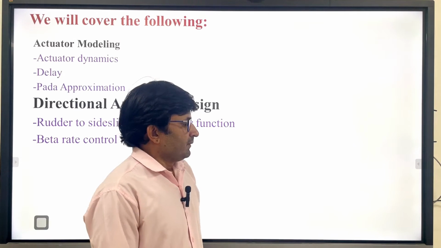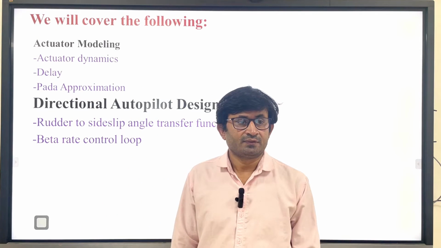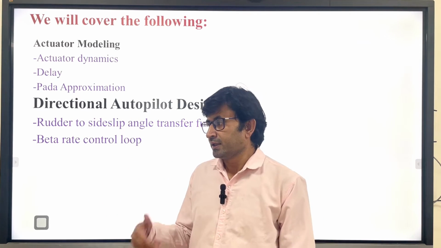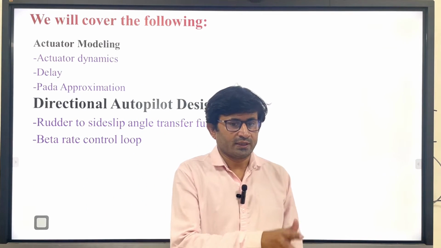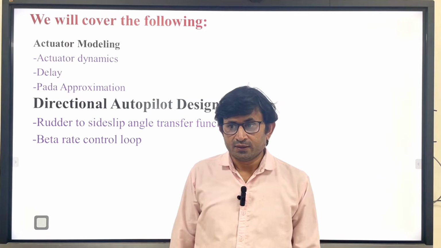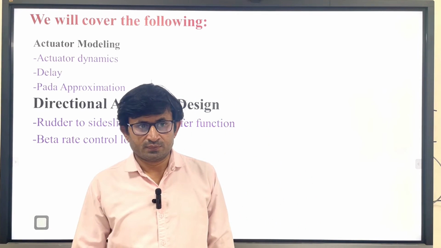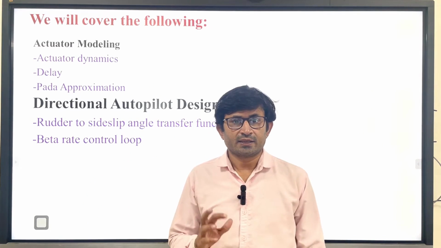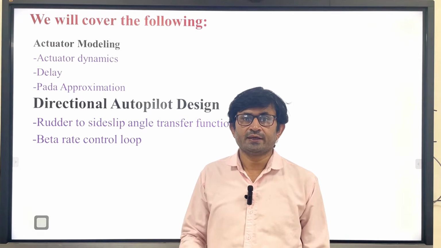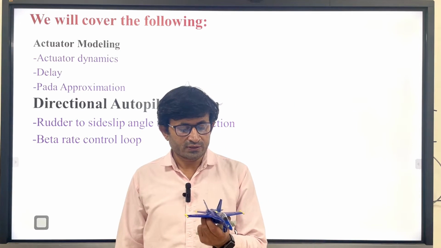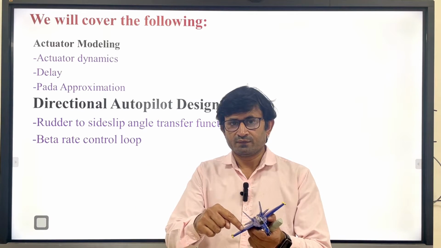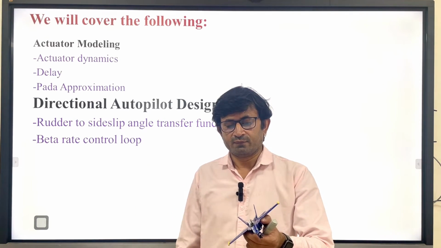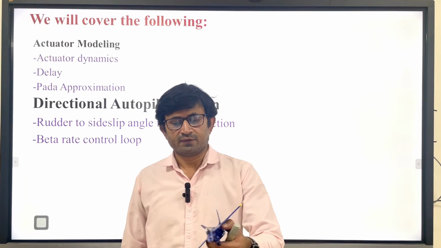But in the last class, we gave you a little hint about the importance of the rudder, because when you take a coordinated turn, you may skid or slip. To prevent that, the rudder is required to make a coordinated turn. For example, if you are taking a turn, there will be more lift here and less lift here, so due to the centripetal force the aircraft will take a turn.